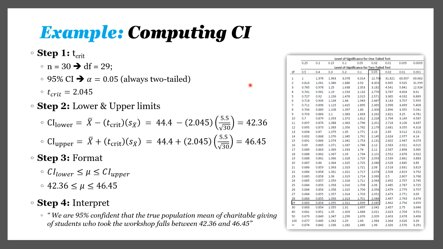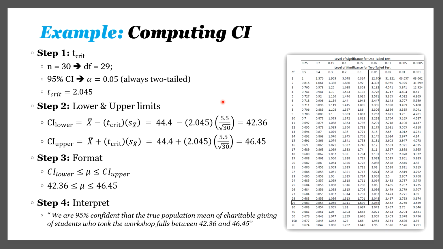The column is going to be the alpha value that is determined by the confidence level. Our confidence level is 95%, so our alpha is 0.05, 1 minus 0.95. And for confidence intervals, we always get the two-tailed value. That gives us a critical t value of 2.045.